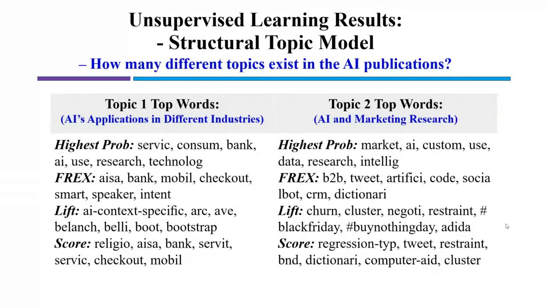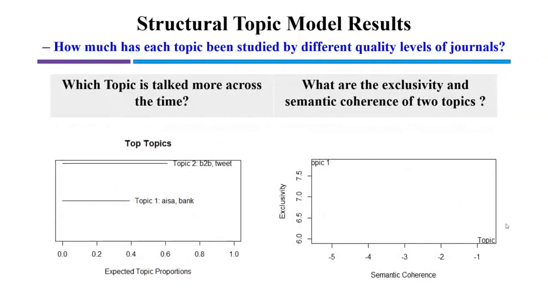When I interpret this, I feel this group of topics is maybe all those AI publications that care about what applications we can really use in different business industries. But another topic is those publications that care about how we can use AI for marketing research. So that is what I can name or think about it.